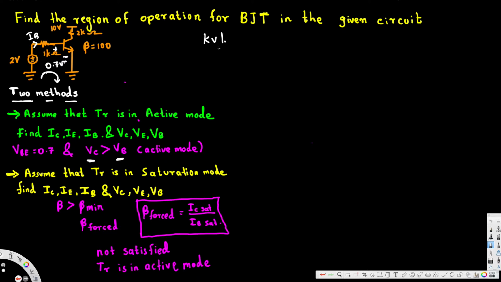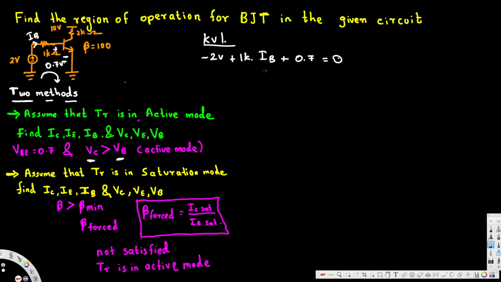This is going to be 2 volts, and it's negative because we are going from negative to positive. So negative 2 volts, plus the 1k ohm resistor multiplied by IB, plus 0.7 volts should give us 0. From this we can solve for IB.